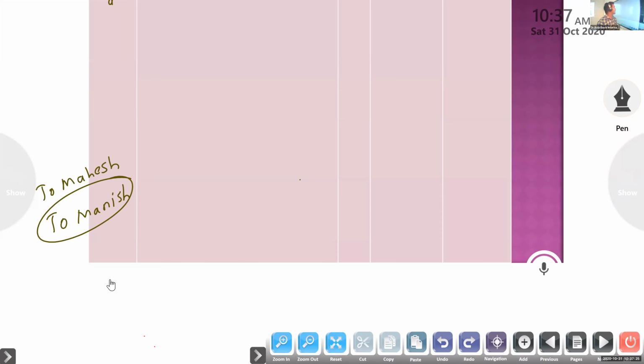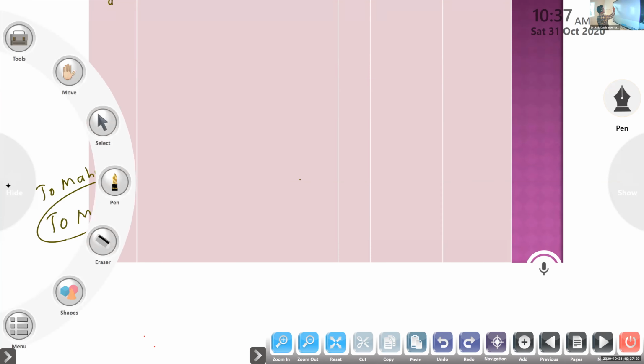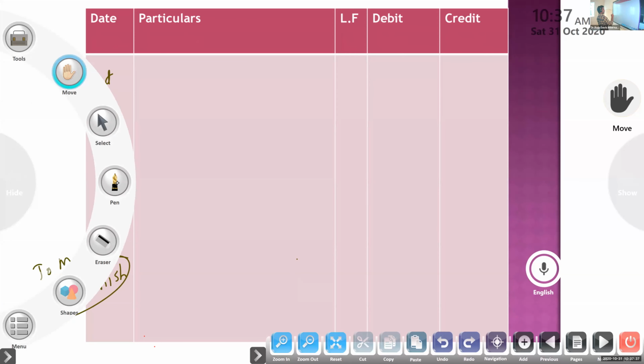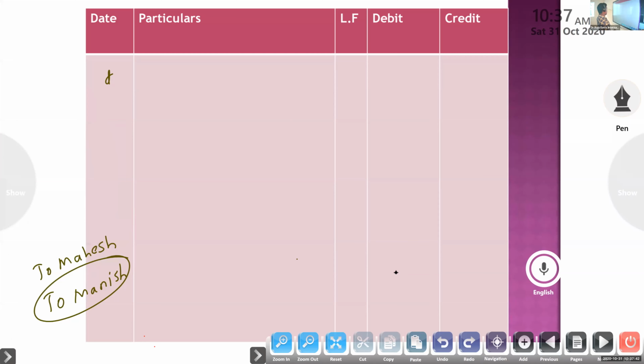Sharat, now tell the rectification entry. Instead of Mahesh, he wrote Manish. So Manish account debited to Mahesh account. Manish account to Mahesh account.